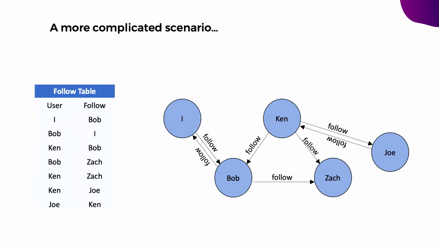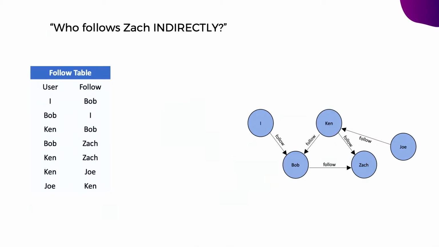Let's take a look at a slightly more complicated scenario. Now we have more mutual relationships. We can ask a slightly different question: who follows Zach indirectly, so we can recommend Zach to those people? Again, we know Zach is being followed, so we can traverse these arrows in reverse to find Zach's followers. On the table side, we have to do a scan, just like before.